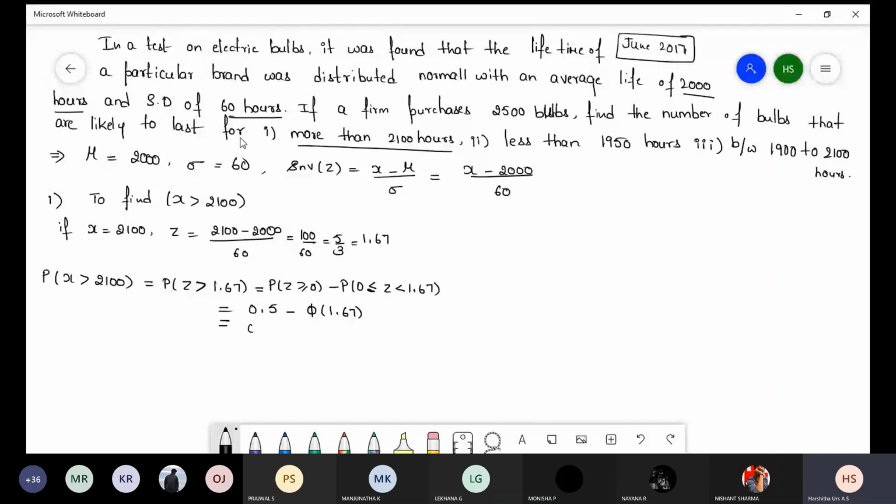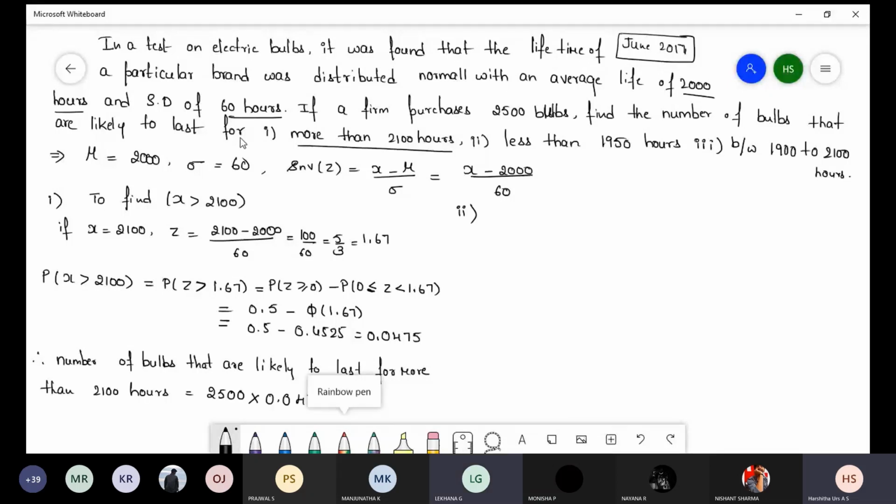So 0.5 minus 0.4525 gives 0.0475. Therefore, the number of bulbs likely to last for more than 2100 hours is 2500 into 0.0475, which is 118.75. With approximation, we can write 119.